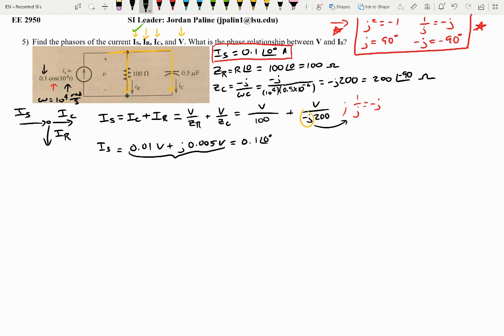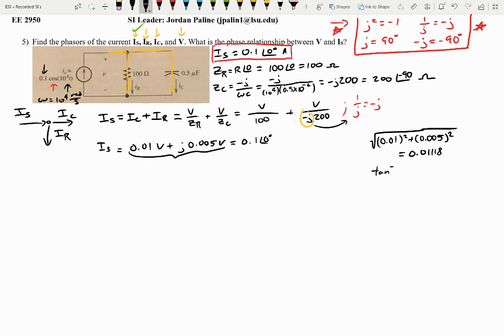I'll let you get a little bit of practice with it; I'll write it on the side over here so you can practice converting those. 0.01 squared plus 0.005 squared, square root of that, is 0.01118.